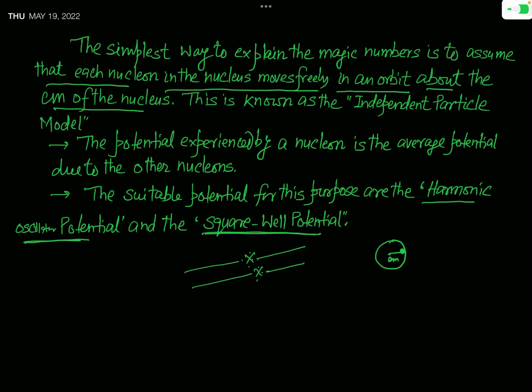And so in the forthcoming lecture, you will see, we will consider the harmonic oscillator potential, and we will write the Schrodinger equation in Cartesian coordinates and also in spherical polar coordinates, and solving that we will try to find the energy levels of the nucleons.